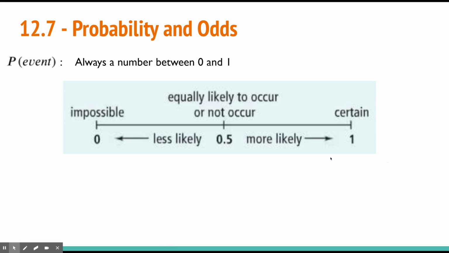Okay, so the probability of an event is always a number between 0 and 1. 0 on our scale says that it is impossible that this thing happens. So that would be like rolling a 7 on a standard die. It's impossible. The probability is 0. And then you have the other end of the scale, which is 1.